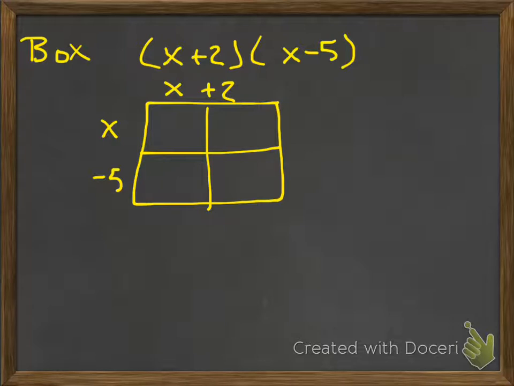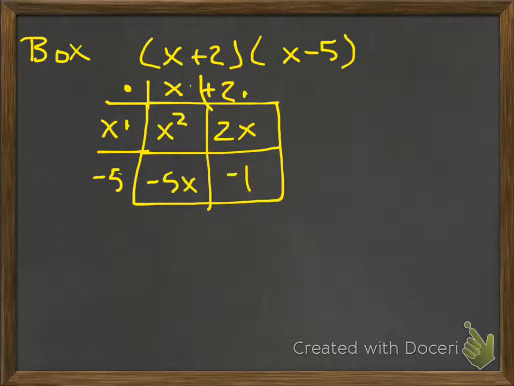Okay, then you can multiply. Well, x times x is x squared. x times 2, so I'm taking this x times that 2, is 2x. x times 5, negative 5, is negative 5x. And 2 times negative 5 is negative 10.